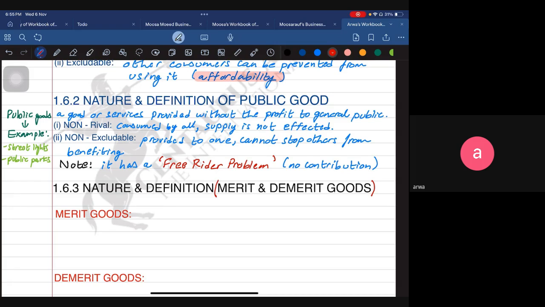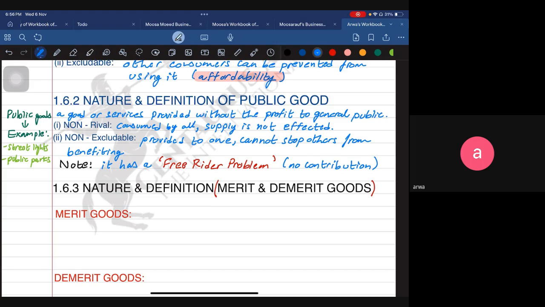So just quickly, tell me what merit goods are. Merit goods are those goods which, if consumed by a consumer, are good for their health, healthy for them. But these are also goods which are under-consumed, and so underproduced by firms in an economy.